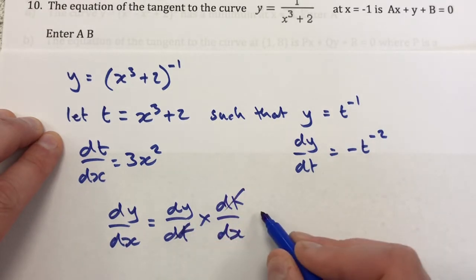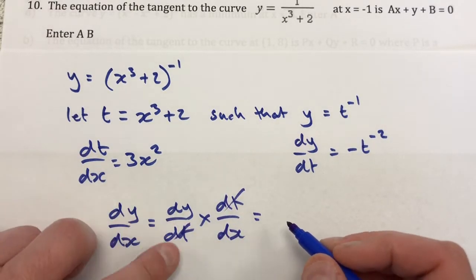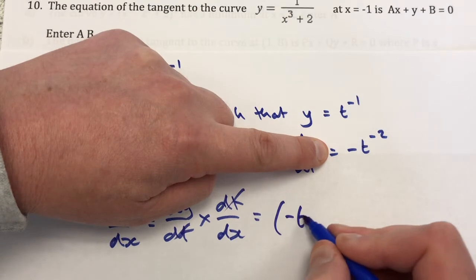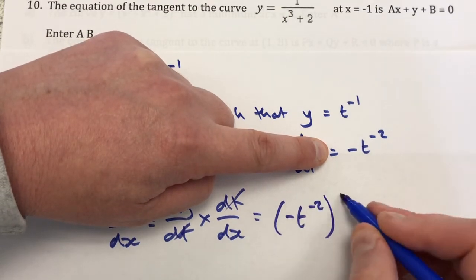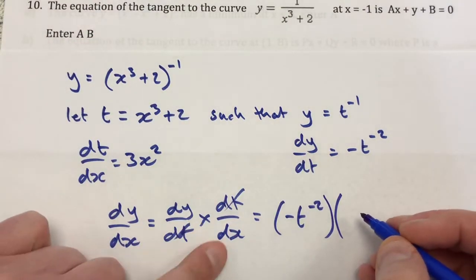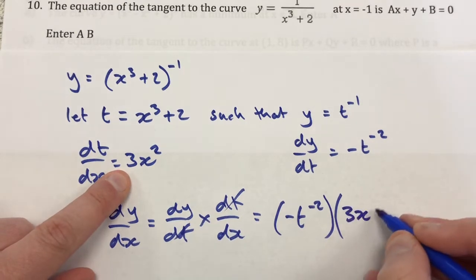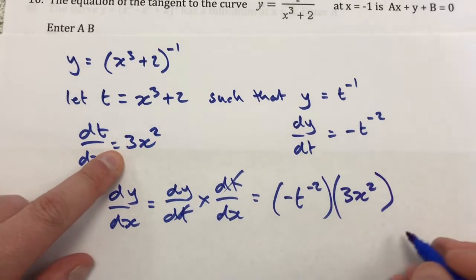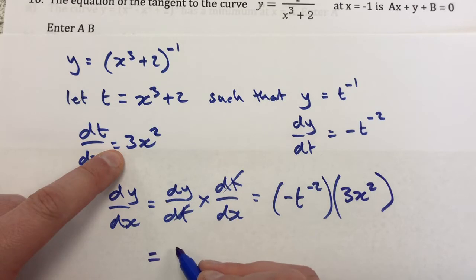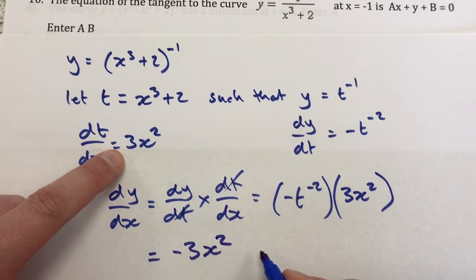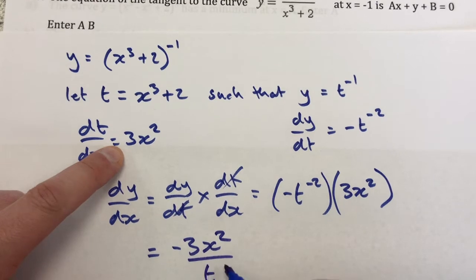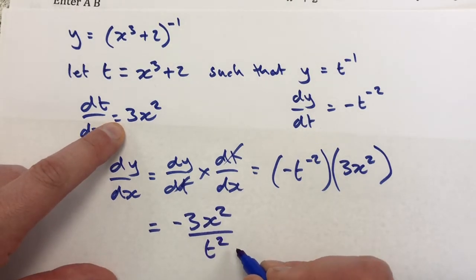The dt's cancel. So dy by dt is minus t to the minus 2, dt by dx is 3x squared, and that's going to give us minus 3x squared over t squared.